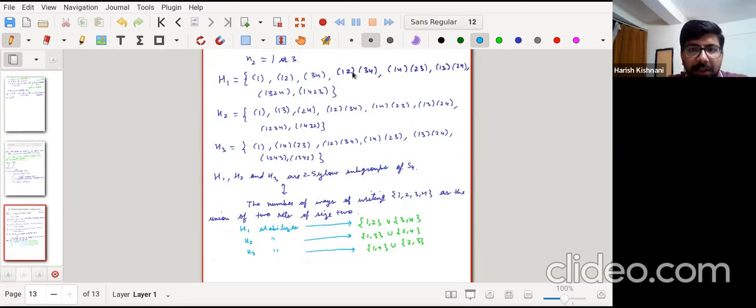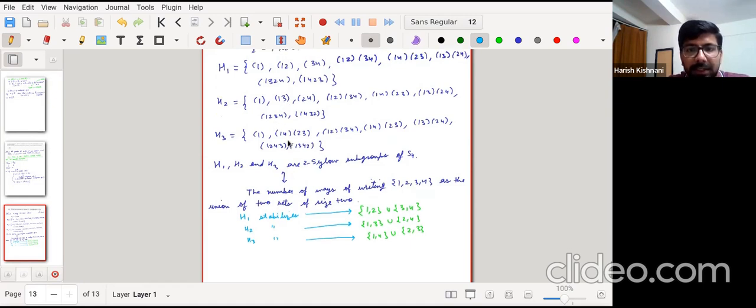So you can see some other elements also. It's mapping 1 to 2, 2 to 1. Here 1 is mapped to 4 and 2 is mapped to 3. So the set 1, 2 is mapped to 3, 4. Similarly, you can see the other elements of H1, and H2 stabilizes this partition: 1, 3 one set and 2, 4 the other set. H3 stabilizes 1, 4 and 2, 3. This union is being stabilized. 1, 4 can be mapped to 2, 3, that's a possibility, but it won't be mapped to some other subset.